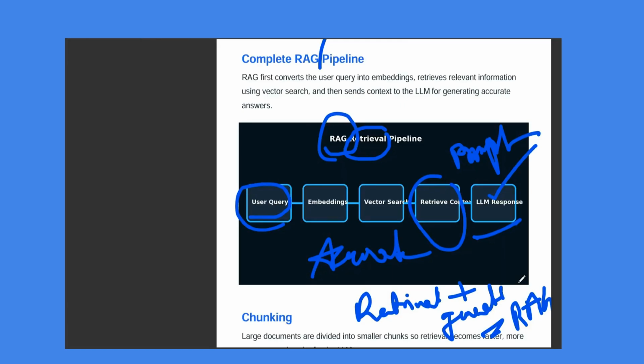And honestly, this is exactly why RAG became so important in the AI industry. Nowadays, companies are building AI search systems, customer support agents, enterprise assistants, document analysis systems, and most of these applications use RAG internally.